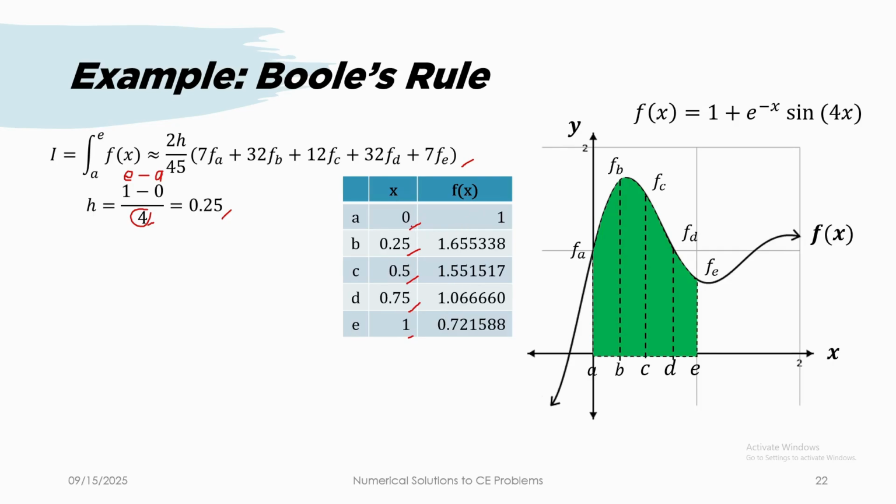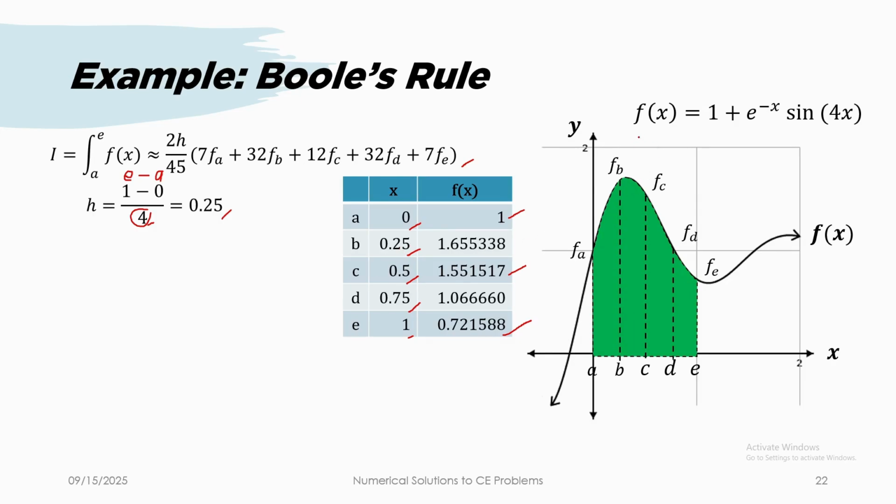Evaluating a, b, c, d, and e at f of x. From the previous 3 calculations, we already have f of 1, f of 0.5, and f of 0. We just have to evaluate b and d.